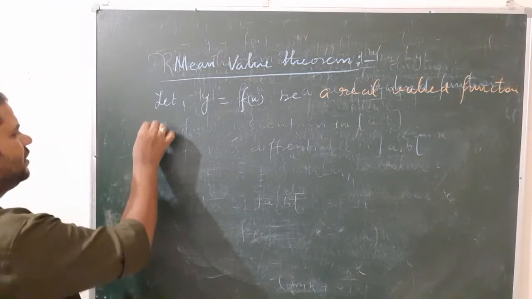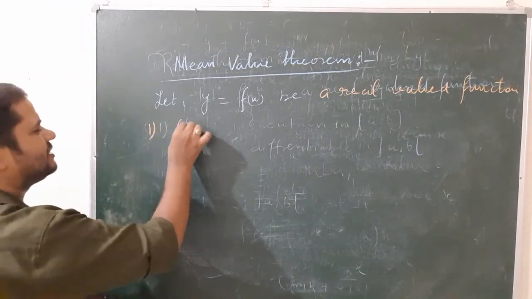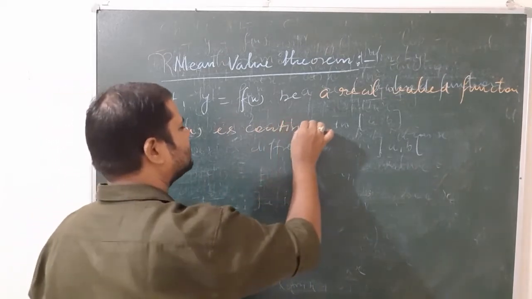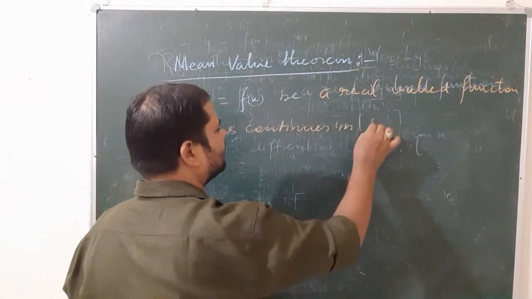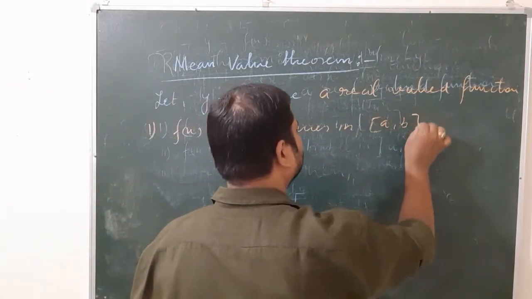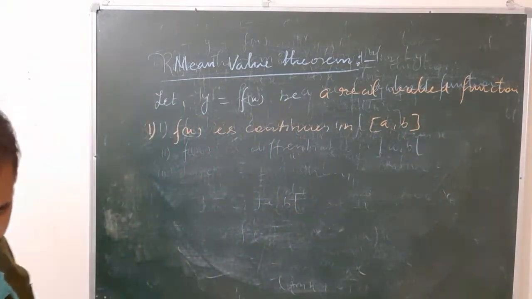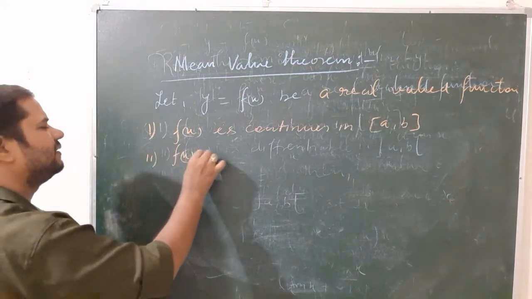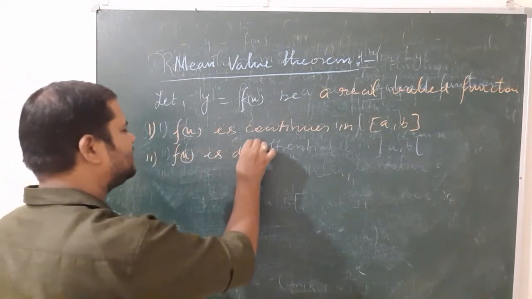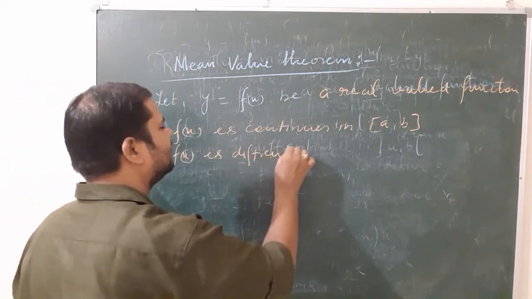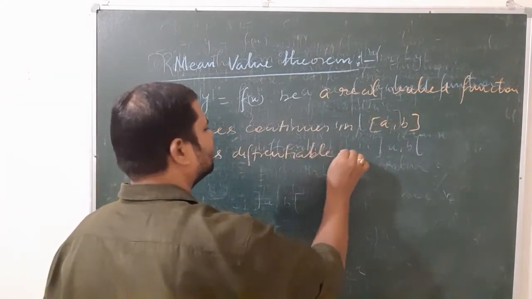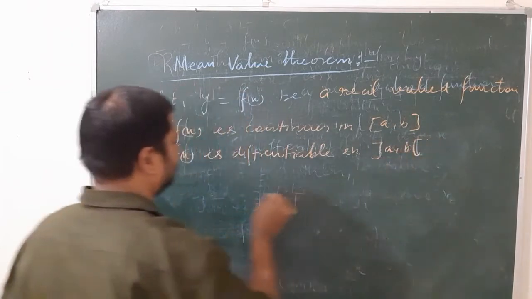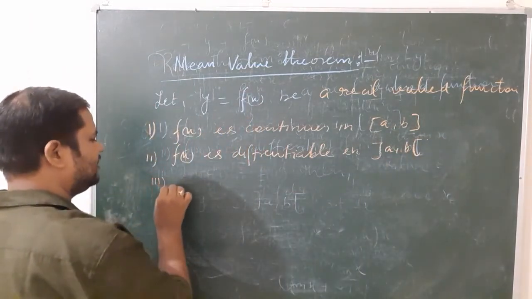Then first, f(x) is continuous in the closed interval [a, b]. Second, f(x) is differentiable in the open interval (a, b).